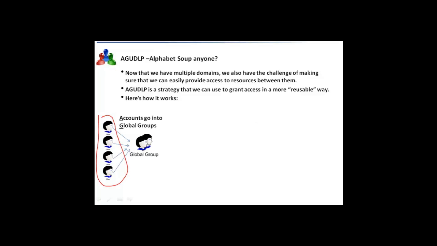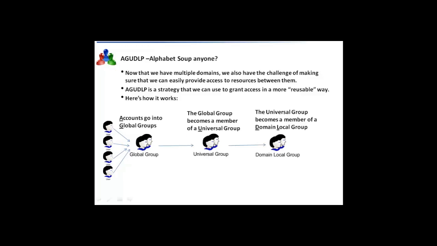Here's how it works. The accounts that go into the global groups are accounts from within that domain. This global group you can then assign under the universal group as a member. So wherever you need access on a different domain, this can provide access to those on a different domain. And then the universal group can be a member of the domain local group.